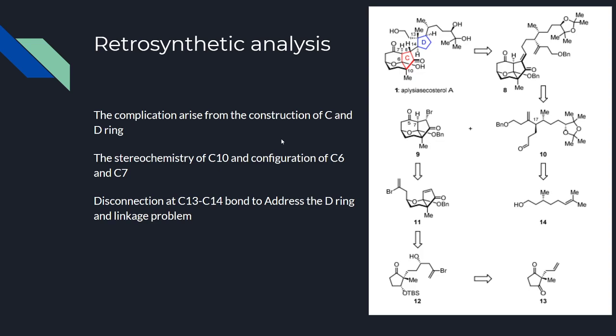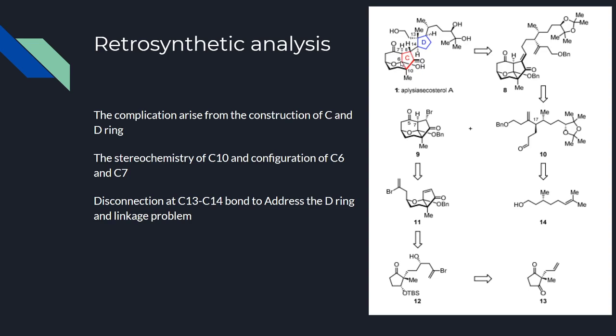So let's talk about the retrosynthetic analysis for this compound. The complication arises from the construction of the C ring, which we can see in this red ring right here, and the D ring, which is the cyclopentane ring right here. The structure and the position of the C ring is placed in which the pentane is bent upwards, right here.